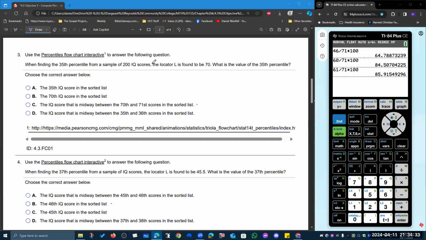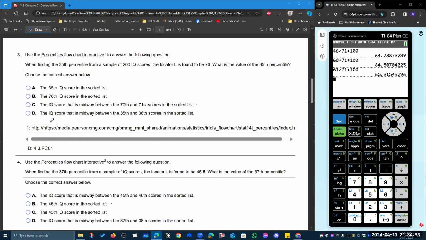So you can watch that video if you go to this flowchart question here, or you can look at the media. Almost the entire link is there. I think it ends in HTM or HTML.